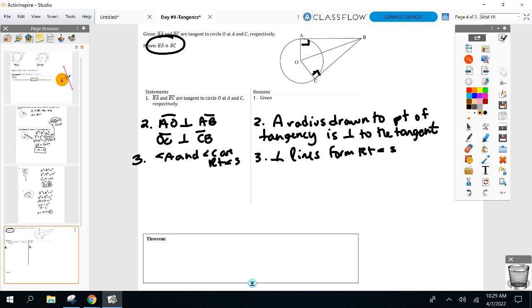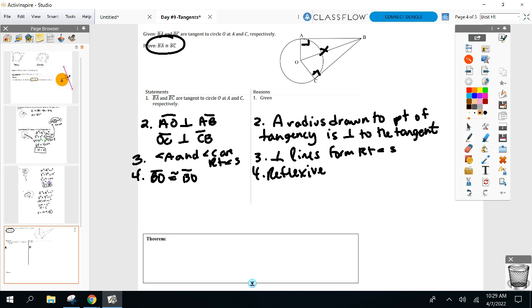And you're not going to like how this proof ends, but oh well. What else is true? Zach? Reflexive. Oh man, might as well throw in the old BO, right? Carter?